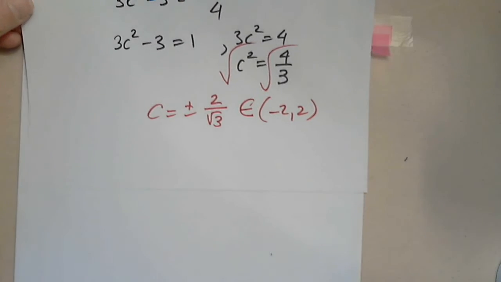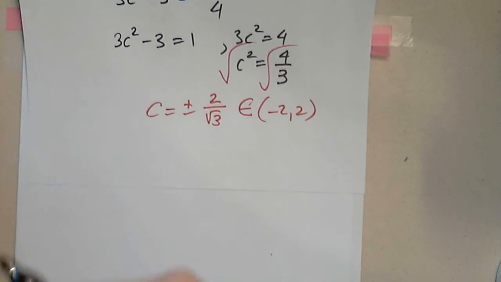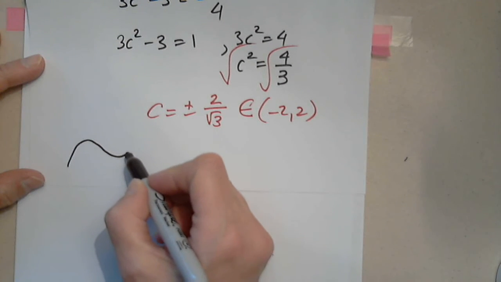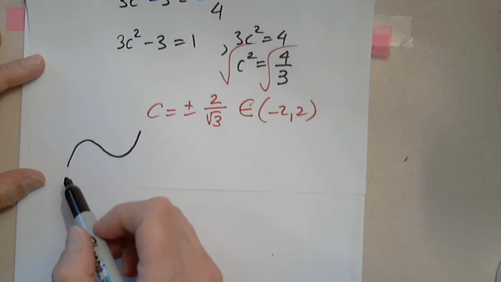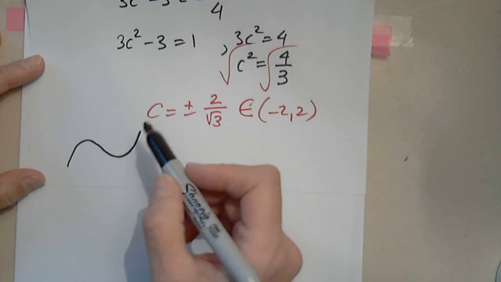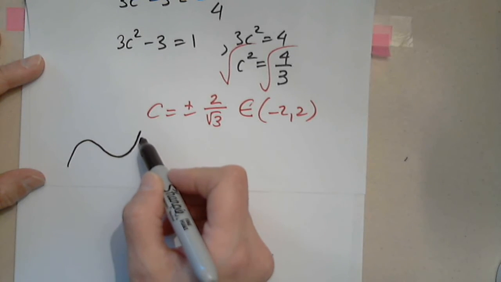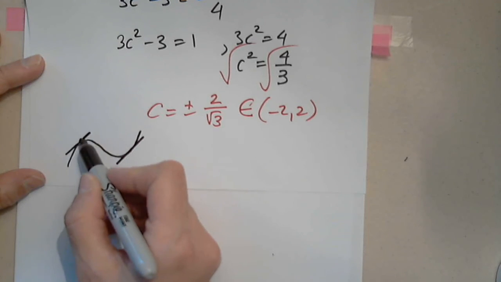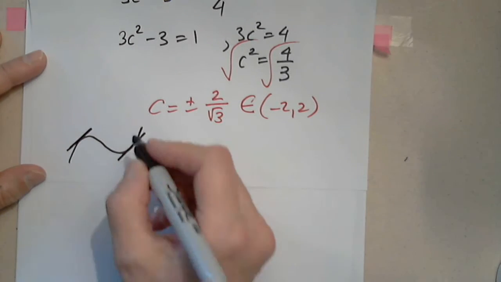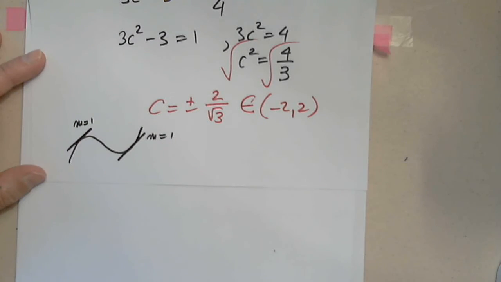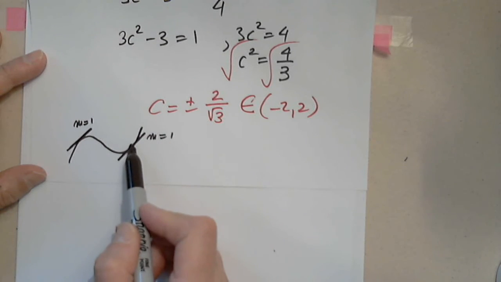So here the tangent is 1. Here's the slope of the tangent is 1. And these are 2 points.